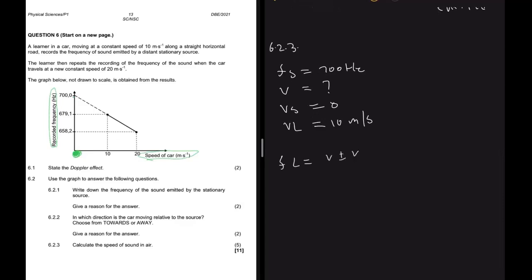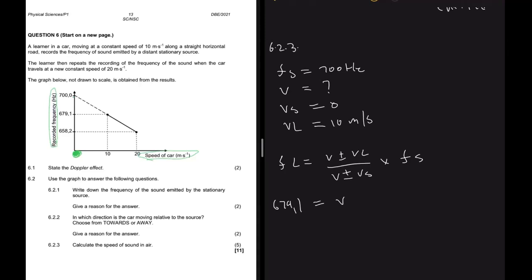We have fL equals (v plus or minus vL) divided by (v plus or minus vs) multiplied by the frequency of source, right? The frequency observed by the listener when the speed of the car is 10 meters per second is 679.1, which equals, where v is what we are interested in, the speed of sound in air.